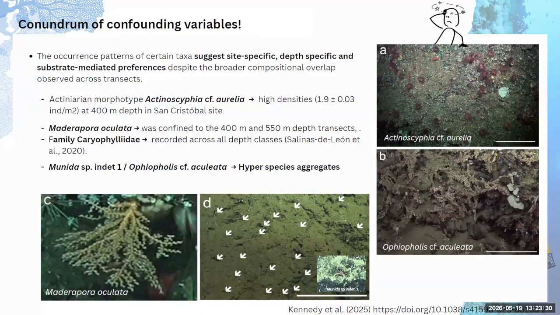The other important thing that we recorded from this study is that substrate, site and depth had a confounding effect. So we couldn't disentangle any one factor from another that is contributing to these changes.